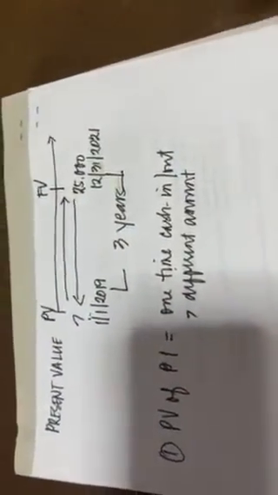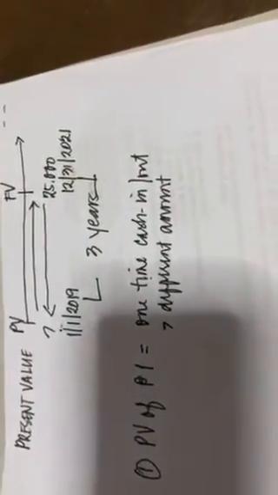So it could be a stream of cash, but the amounts involved are not the same. For example, in year 1 you will invest 10,000, in year 2 you'll invest 5,000, and so on. Different amounts, then you make use of the present value of 1.